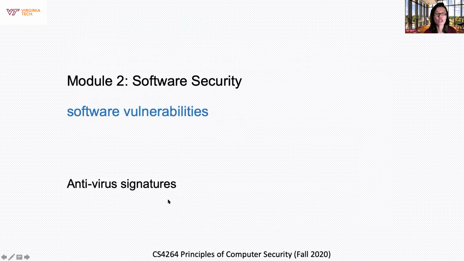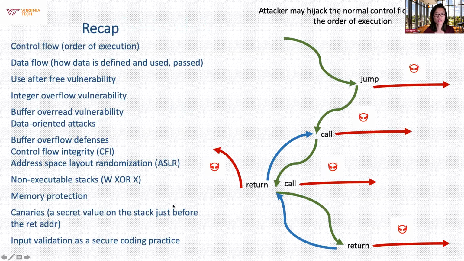But today we want to continue talking about software security. Just a little bit of quick recap. Last time we extended our vulnerability and attack discussion to integer overflow, use after free, heap-based overflow, data-oriented attacks, and essentially different ways the attacker uses to hijack the control flow and data flow.